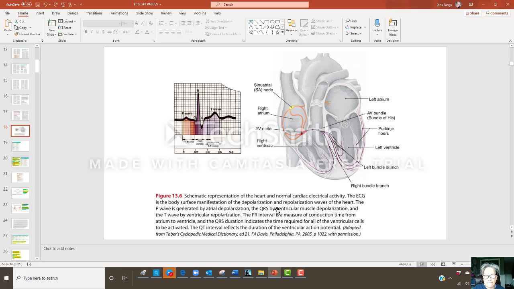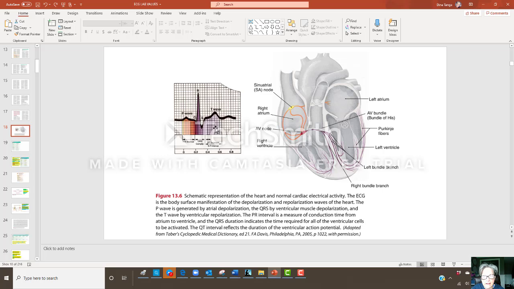QRS is ventricular muscle depolarization. So the red to the purple is ventricular muscle depolarization.